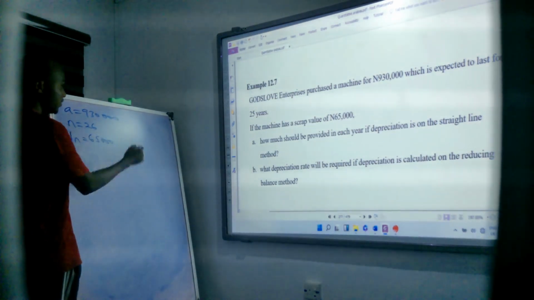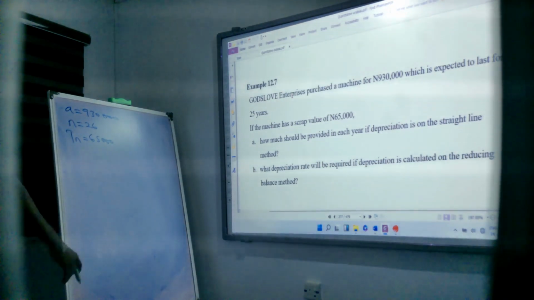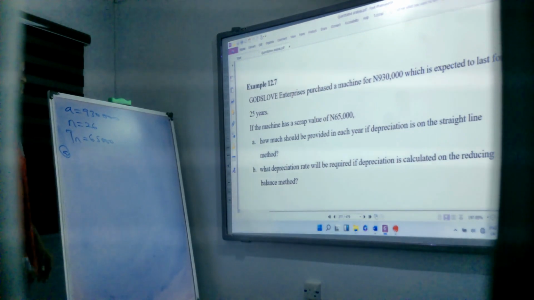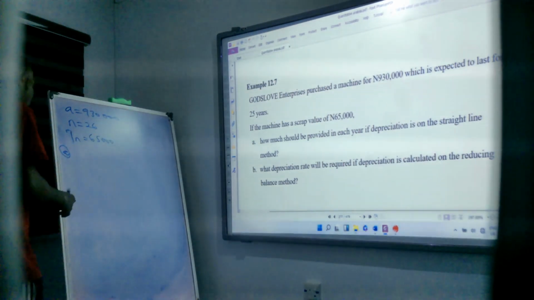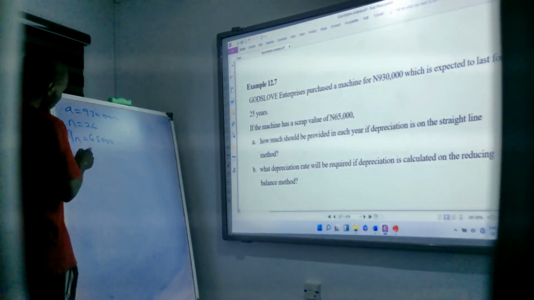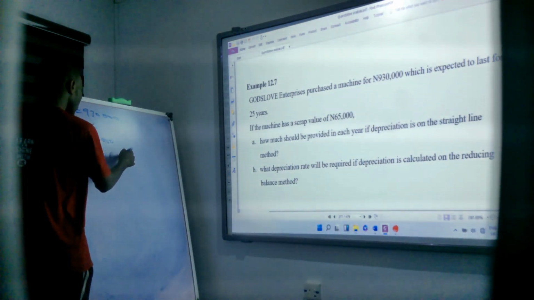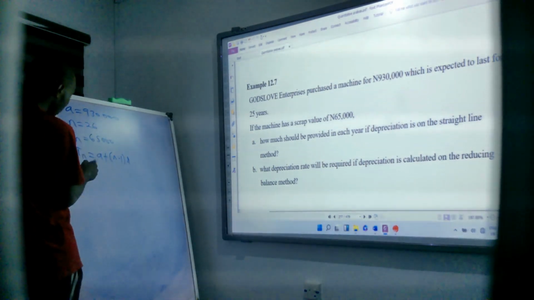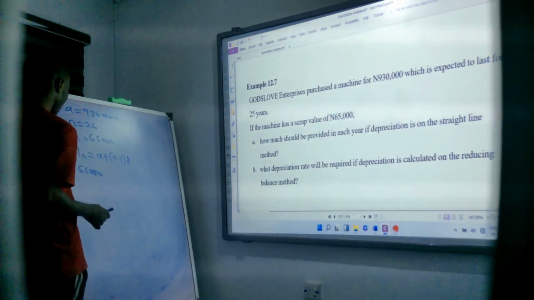Our scrap value now is the Tn, which is the last term, and that is 65, like T25. The value of the asset at the end of the year is T25, which is like T26. So what should be provided for annual depreciation? That will be the common difference. So AP on a straight line: Tn equals a plus n minus 1 times d.